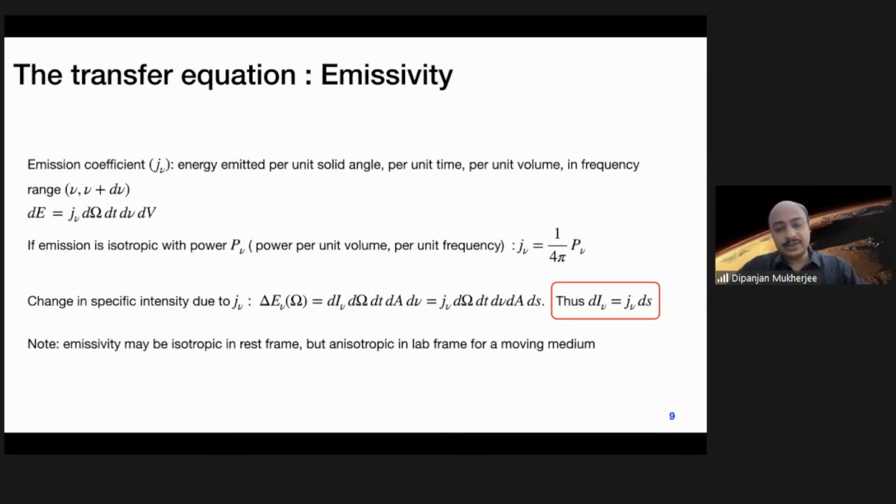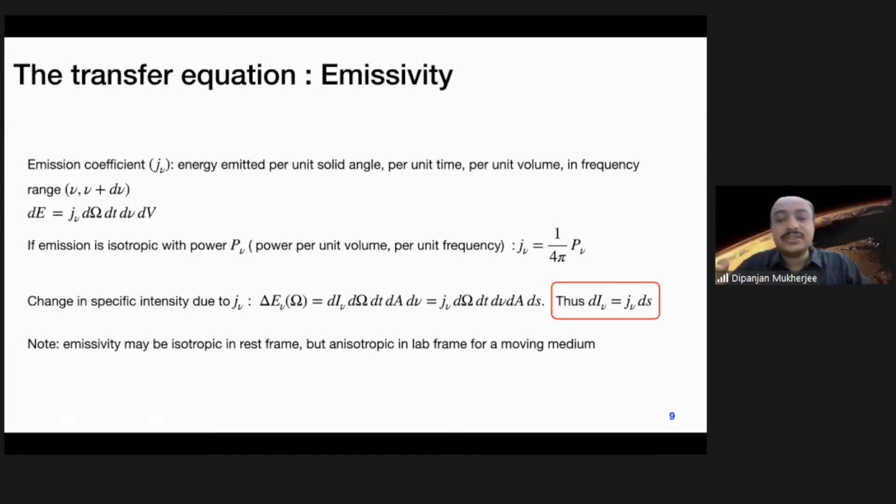So now we'll build up on this and go towards formulating a radiative transfer equation. So again, from the basic definition, this is very similar to the intensity, but not exactly, as you'll see. First, what we'll define is the emission coefficient, j nu. And I must caution you that people often mix the emission coefficient with emissivity.